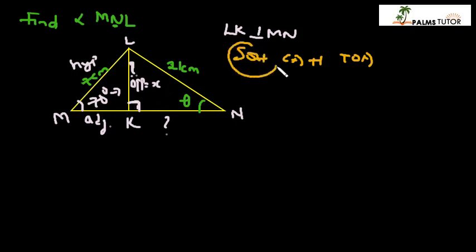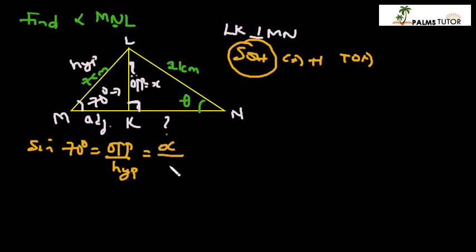The ratio that relates these two is our sine, because it captures opposite and hypotenuse, which means that sine 70 degree equals opposite over hypotenuse. Our opposite is unknown, so we have called it X, and our hypotenuse is 7 centimeter. We have sine 70 degree equals X over 7 centimeter.